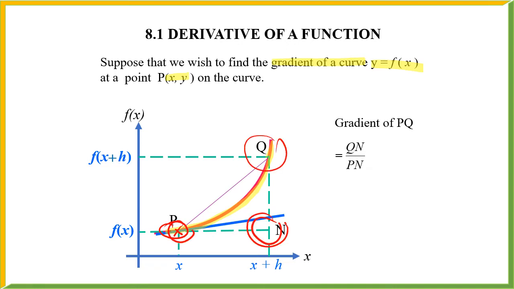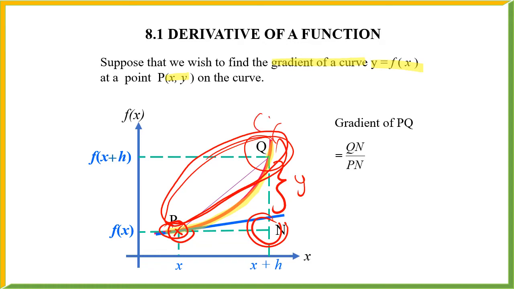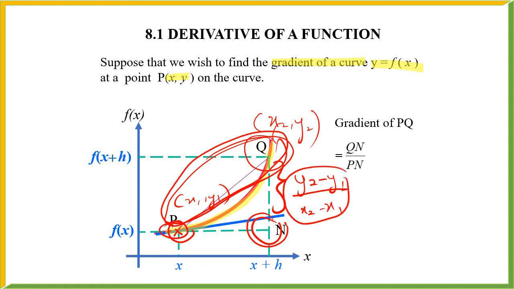It's actually the difference between points Q and P. This is the distance between the y coordinates of Q and P. Let's say Q is (x2, y2) and P is (x1, y1). So usually it's y2 minus y1 divided by x2 minus x1. This is what we learned in high school, using the ratio between the difference in y and the difference in x.